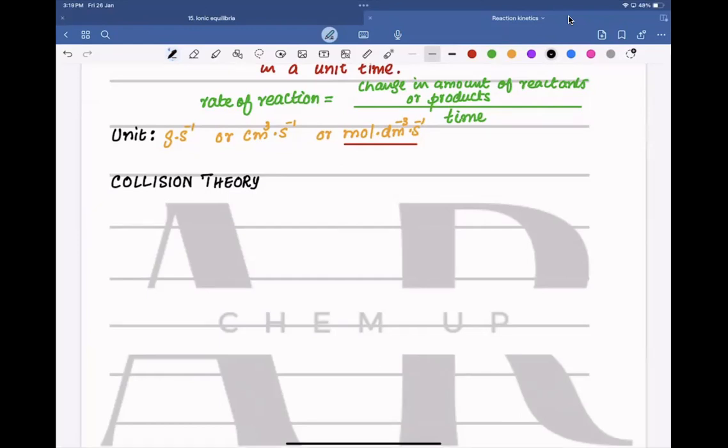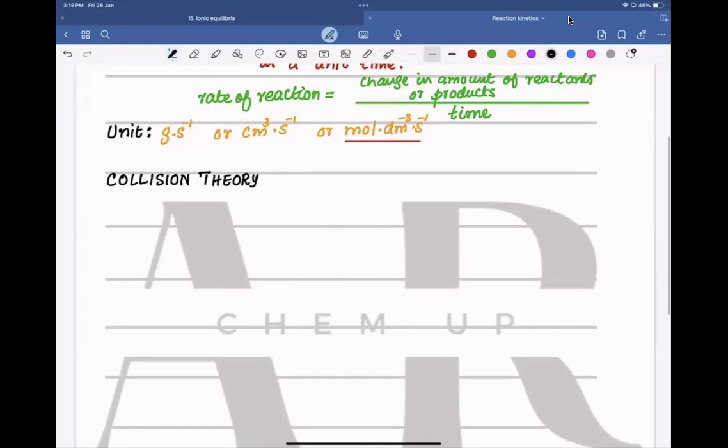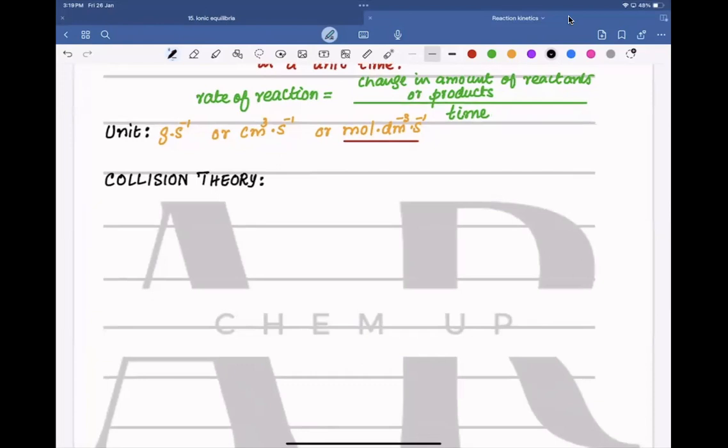So what happens during a chemical reaction? What reactants do with each other? They will turn into product, but that turning into product only happens when the reactant particles collide with each other. The reactants, when they undergo collision, then this will happen.